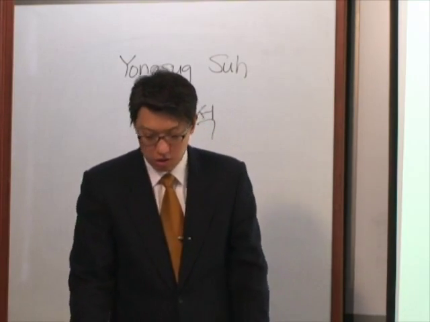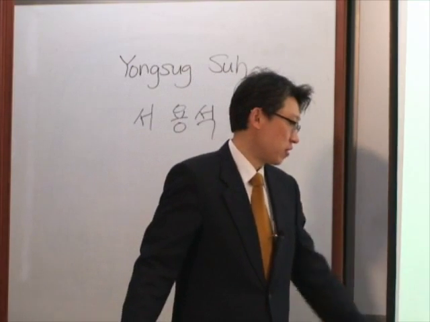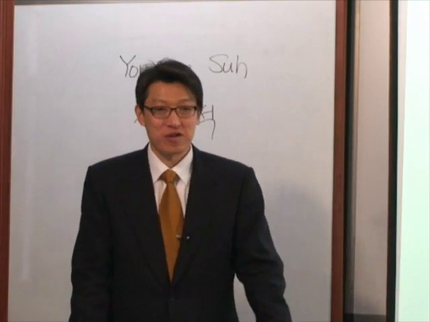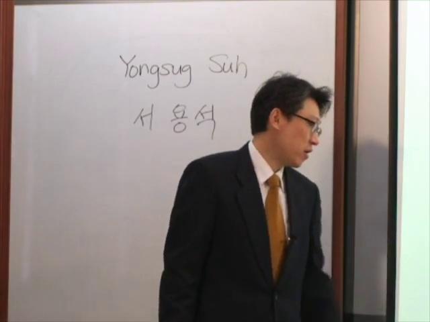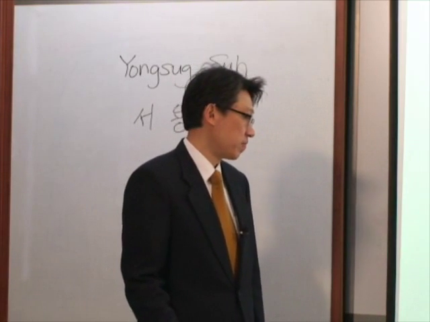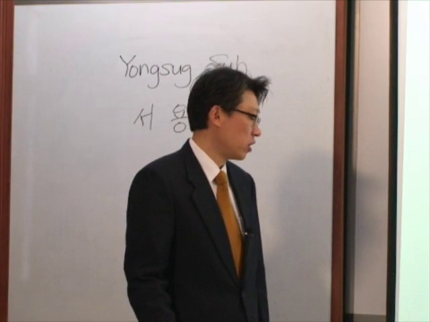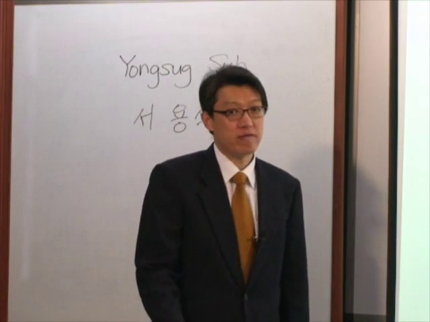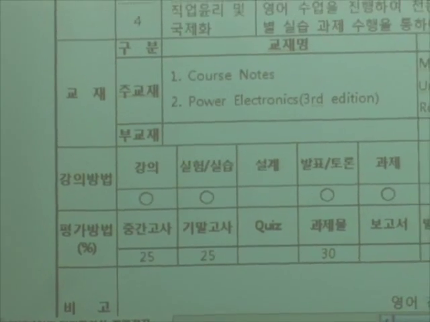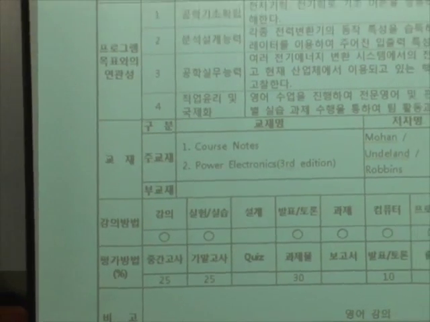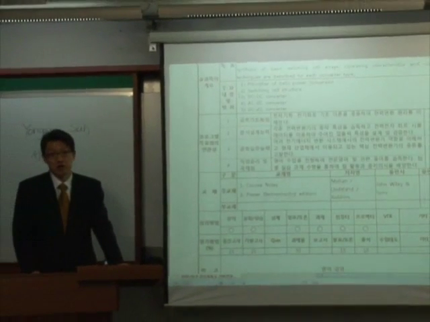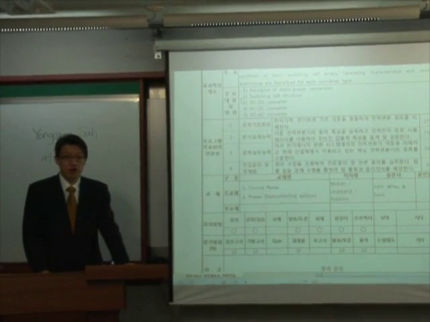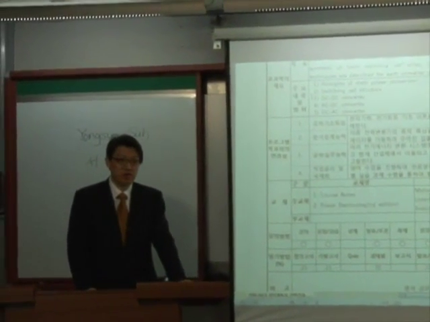Okay? And the grading system, this is the most interesting area for you, right? Grading system. So we have a midterm exam and final exam. Each has the weight of 25%. For off-campus students, I will also prepare the midterm and final exam. Of course, you have to be disciplined by yourself.